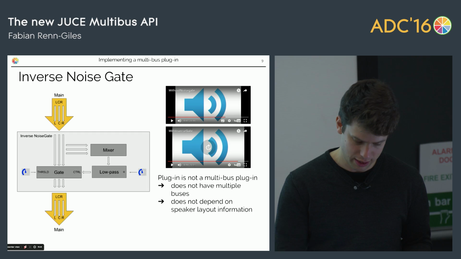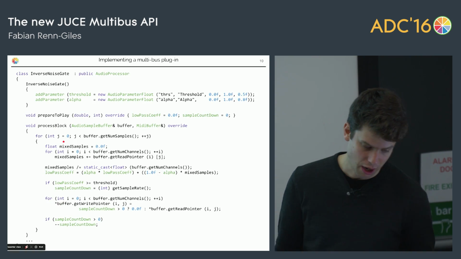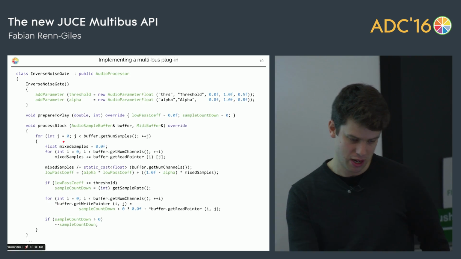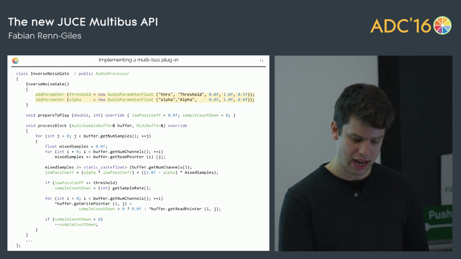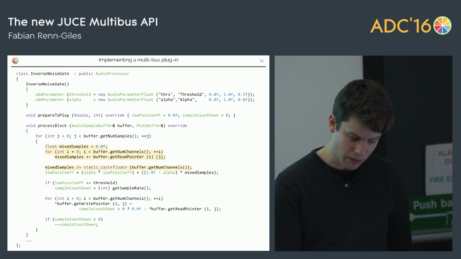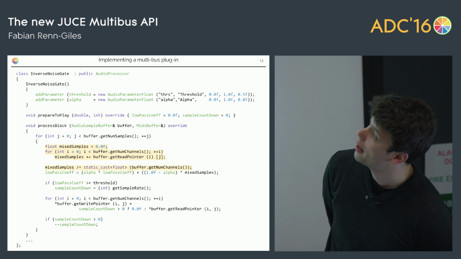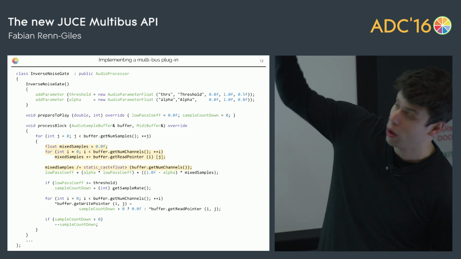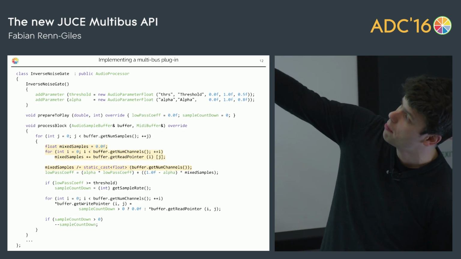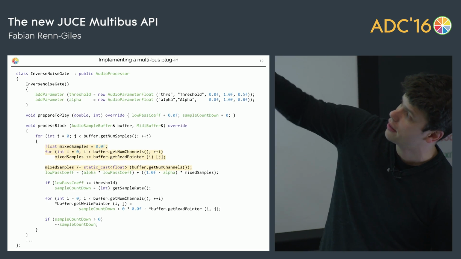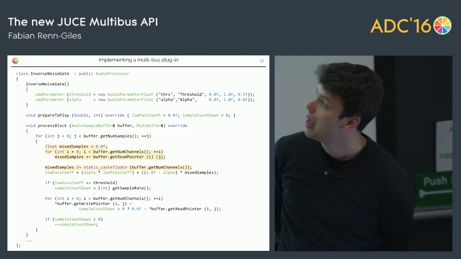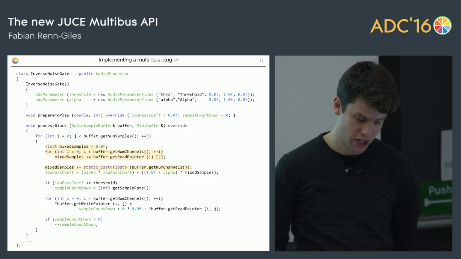But let's quickly look at the code of this inverse noise gate. We have a constructor that adds some parameters, and the processBlock method. Here we first mix down all of the channels. So I'm getting the number of input channels, I just add them up and then divide them by the number of channels.